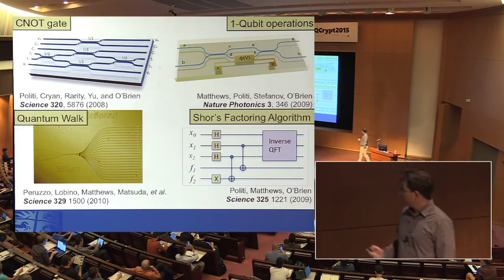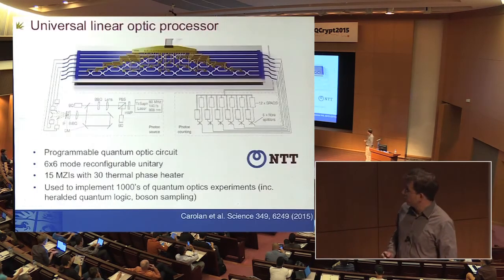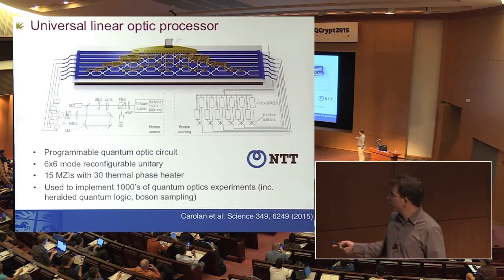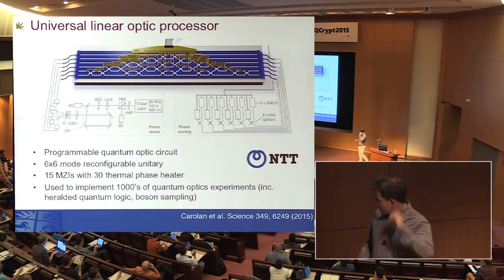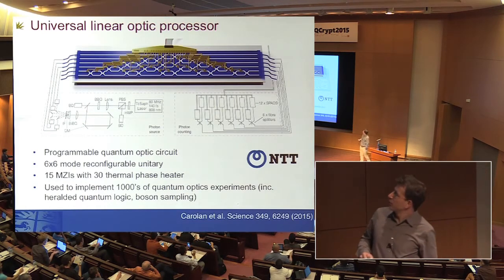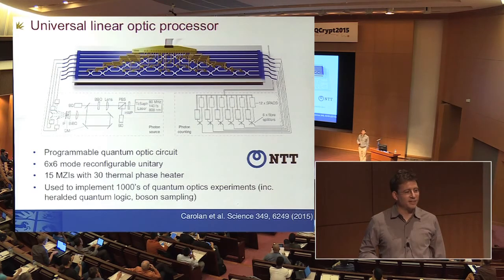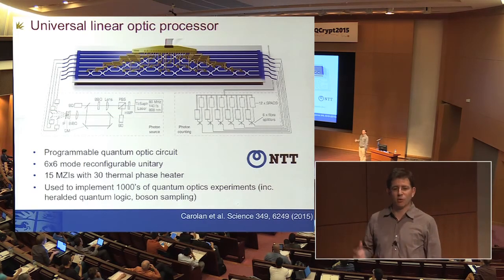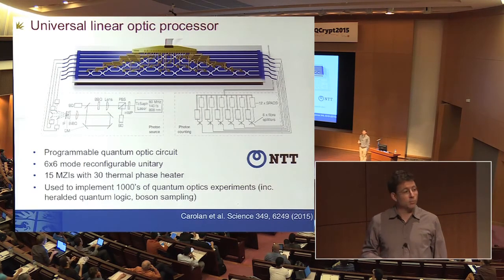I'd just like to highlight one most recent result of ours, which is the work that we did in collaboration with NTT and was published a couple of months ago now in Science, and we call it the Universal Linear Optical Processor. It's effectively a completely arbitrarily programmable linear optic processor.